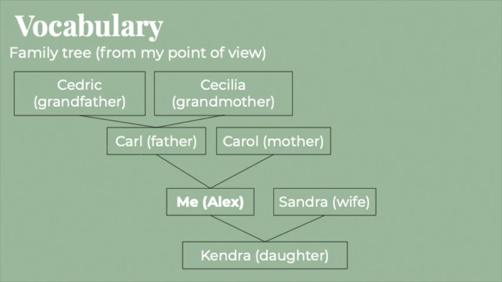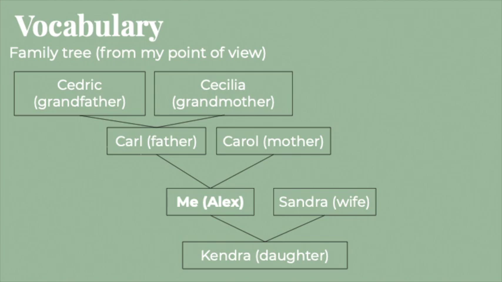I've mapped out my father, who's Carl, my mother, who is Carol. I also mapped out my grandparents on one side, so that is Carl's father, Cedric, my grandfather, and Carl's mother, Cecilia, my grandmother. So, I also have my wife, Sandra, listed here, and together we have a daughter named Kendra.